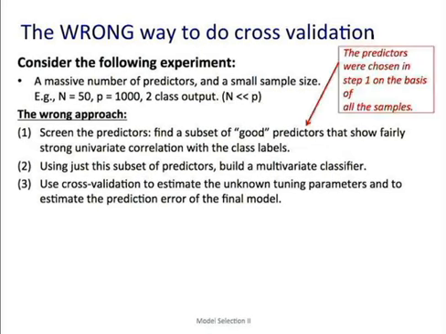The first thing that is wrong: the predictors were chosen in step 1 on the basis of all the samples. Okay, and you can't blame somebody for thinking this way because you don't have that many samples to begin with. You only have a few. P is much greater than N, but you're doing a screening and filtering with respect to the entire data set.